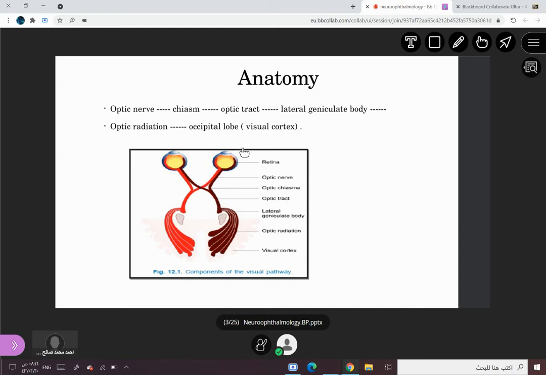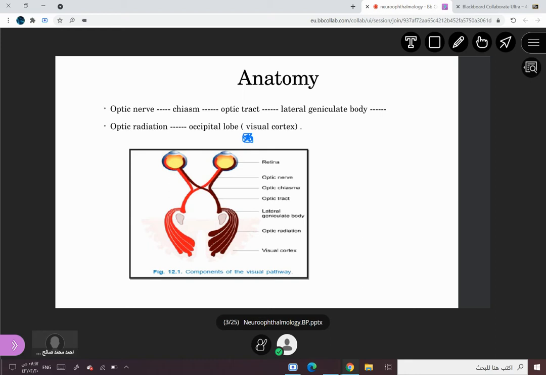Now I want each one of you to imagine there is an object here. Let's say this object is here, I'm drawing this object on this side, very simple drawing. Where is the object in relation to me, or in relation to you? It is on the right side.